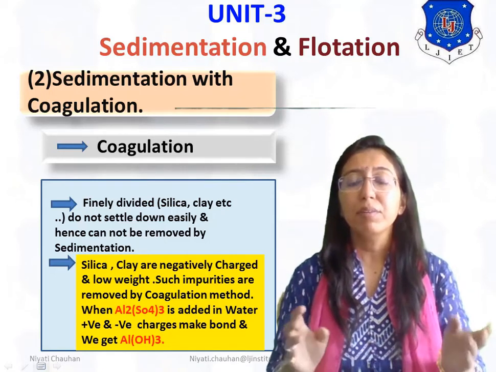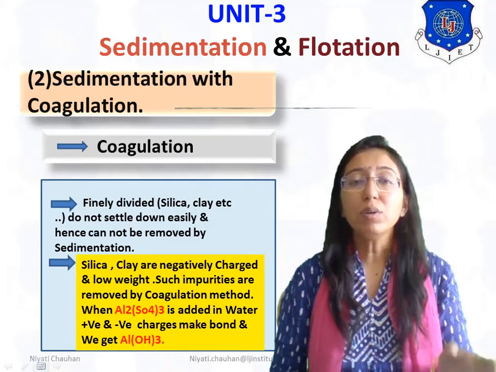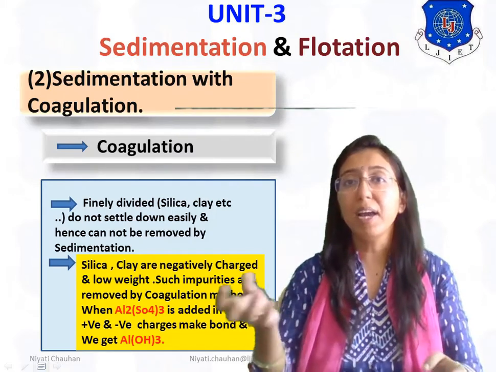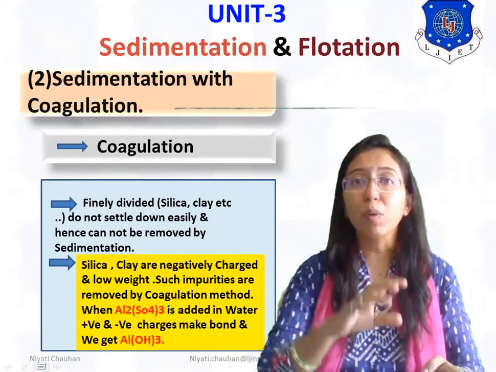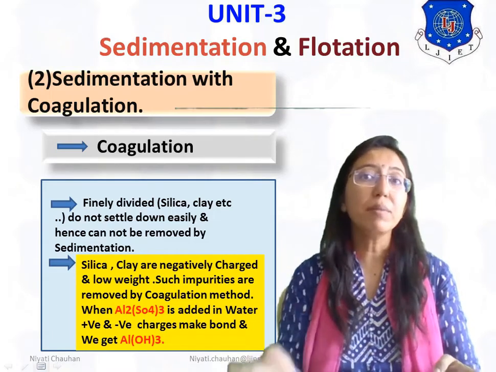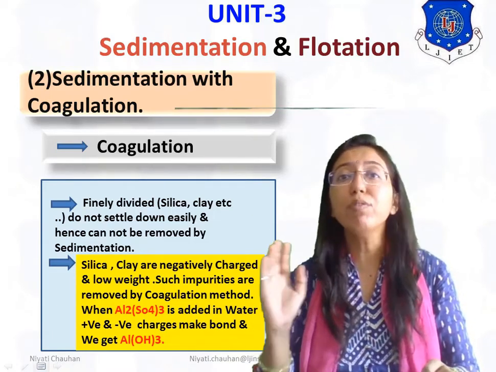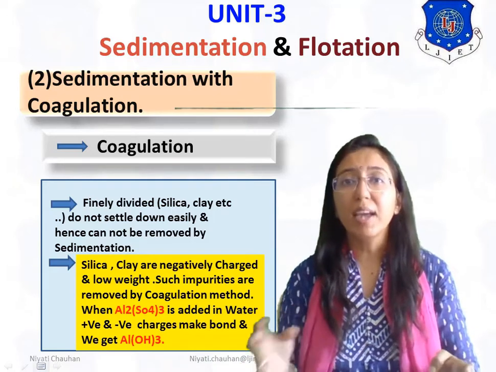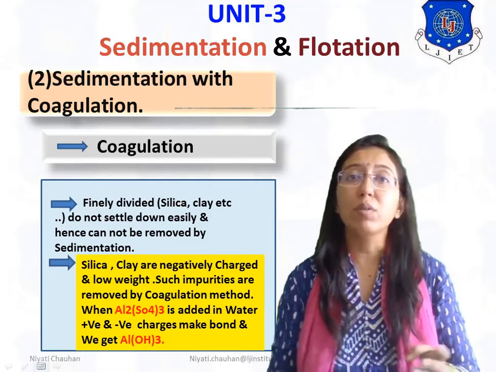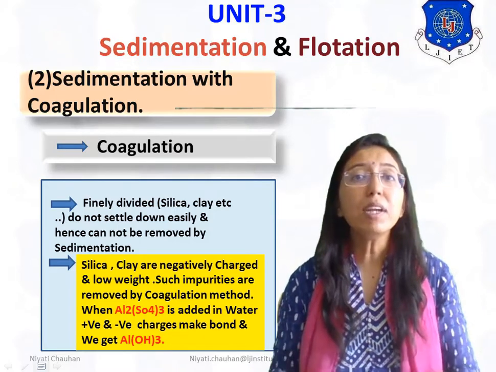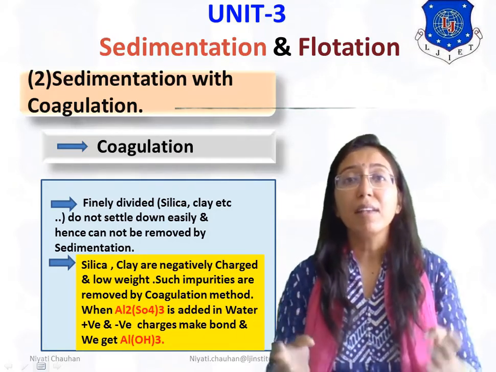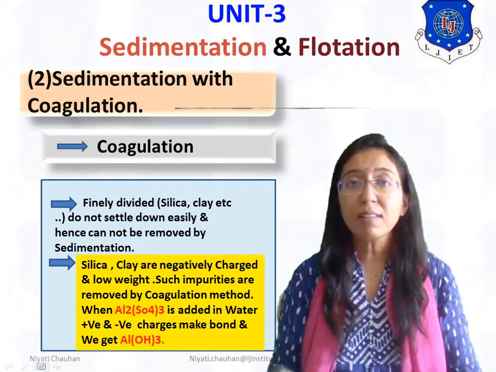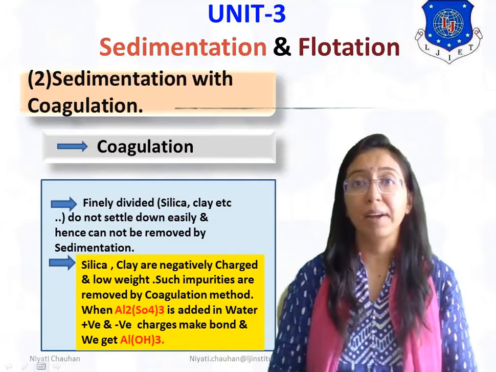Here we are adding Al2(SO4)3, aluminium sulfate, in the process, and aluminium sulfate is one type of coagulant. After the process we get aluminium hydroxide. Aluminium hydroxide has more weight and can easily settle down at the bottom.